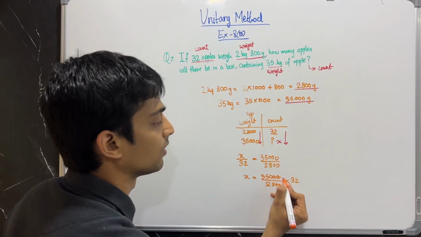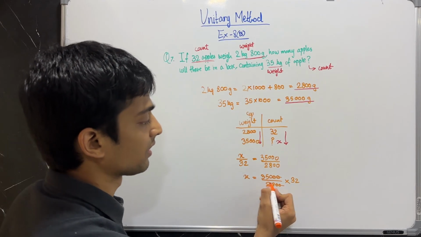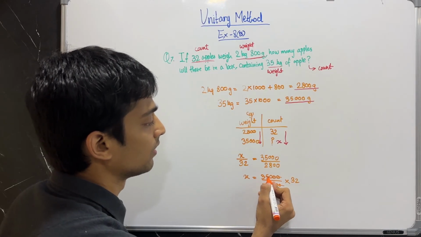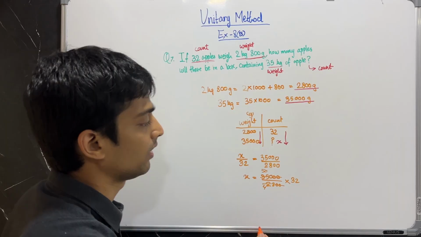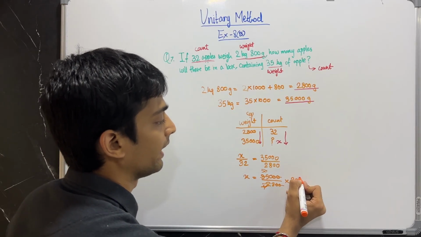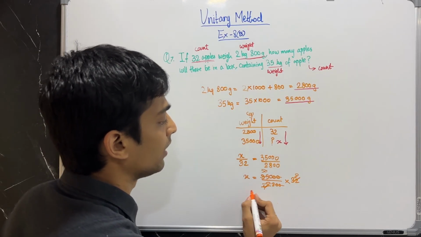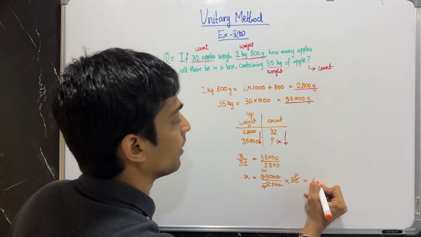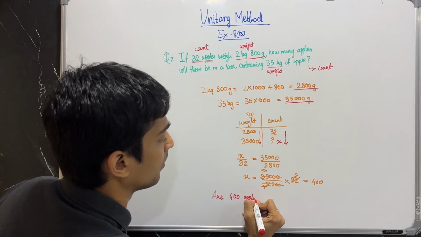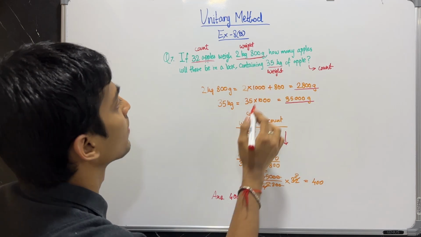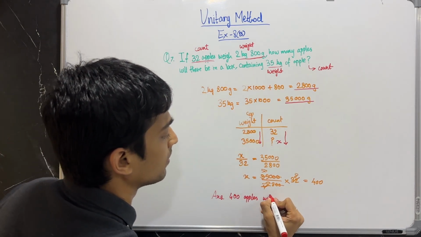Cancel the zeros here. We can cut by 7. 7 4s are 28. 7 5s are 35. 4 8s are 32. 50 into 8 is 400. This is our answer. 400 apples will be there.